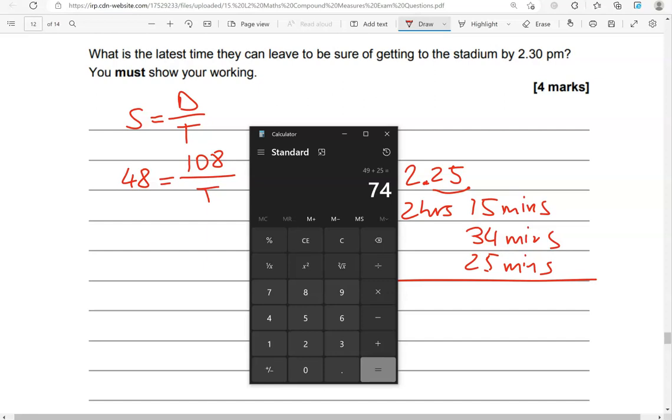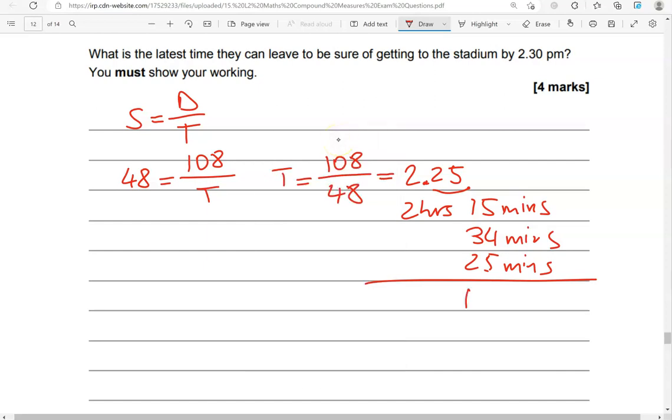So that's more than an hour. So if I take away 60, that gives me 14. So I'm going to carry over an hour here and make this 3 hours and 14 minutes.